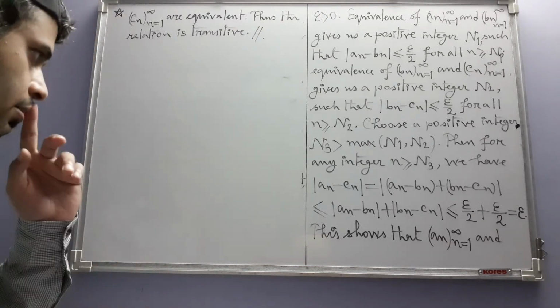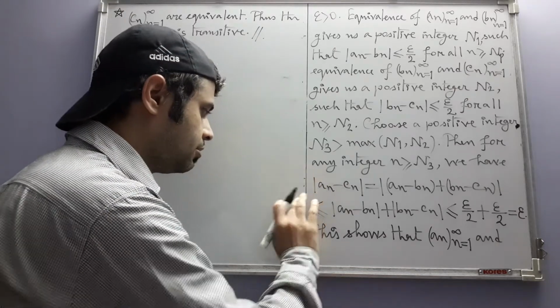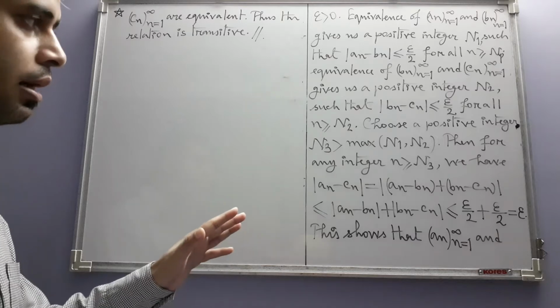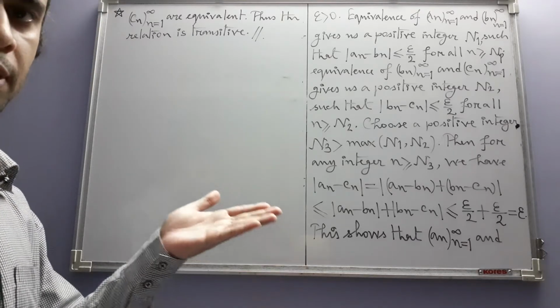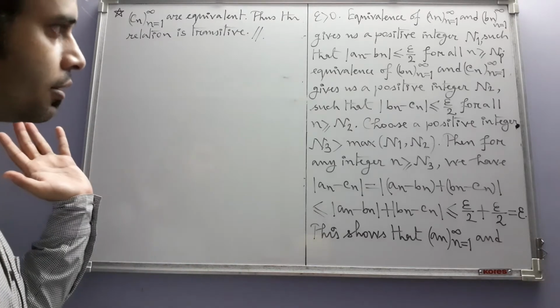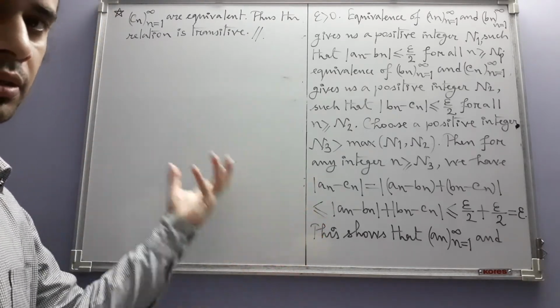Now I think I don't remember clearly whether these sequences an, bn and cn are actually there in the statement of this proposition, because here we have chosen them ourselves in the proof.